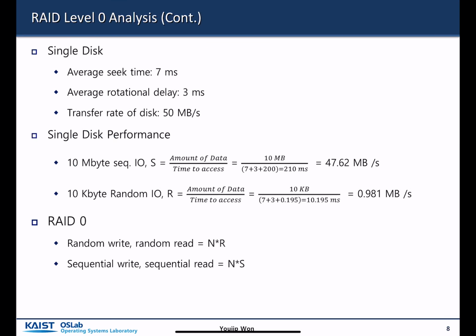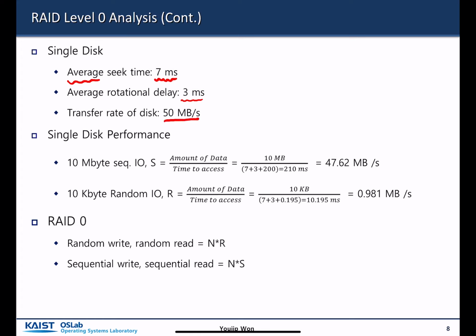Let's consider a single disk where the average seek time is 7 milliseconds, the average rotational delay is 3 milliseconds, and the average transfer rate is 50 megabytes per second. The transfer rate means that you fix the head so it does not move, and then you rotate the platter and read the data blocks as fast as you can.